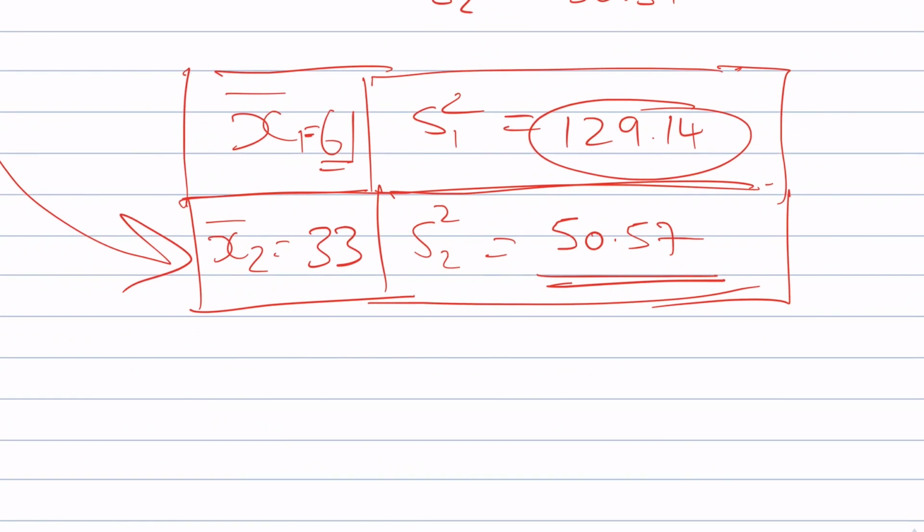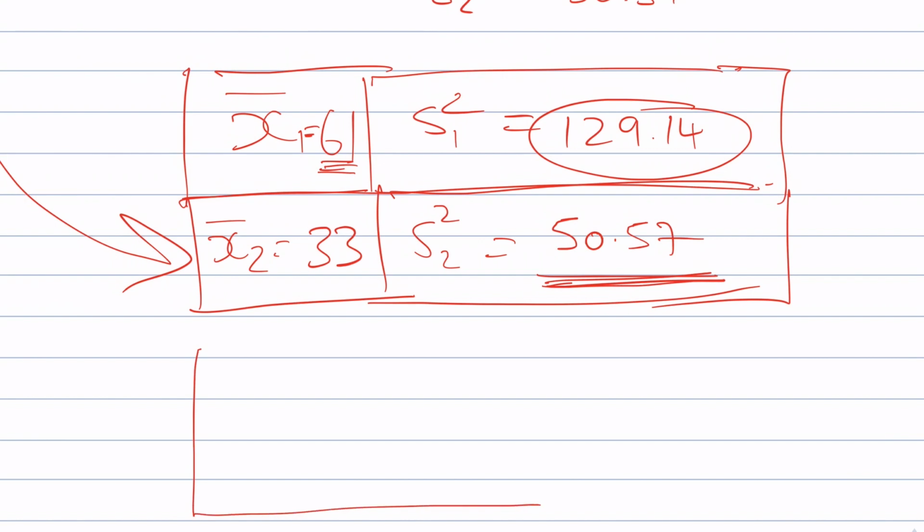It means the first population has an average of 61 and a variance of 129.14. On its own, that doesn't tell us much. However, the second population has an average of 33, so significantly lower, and a smaller variance of 50.57.